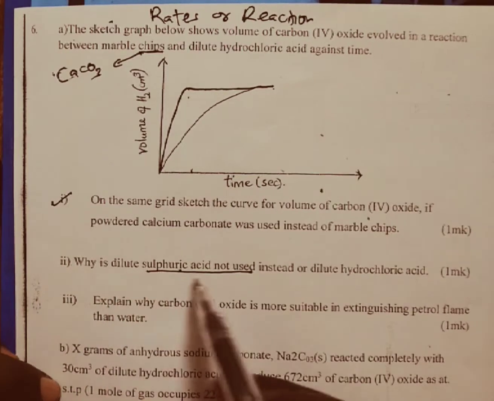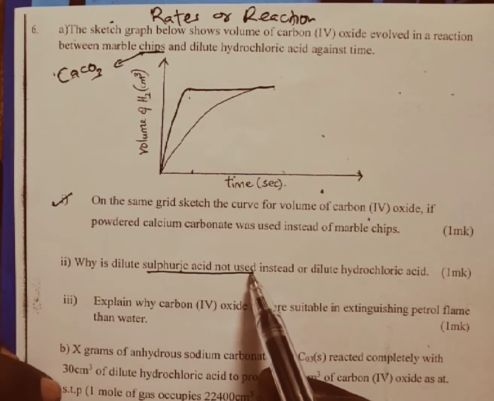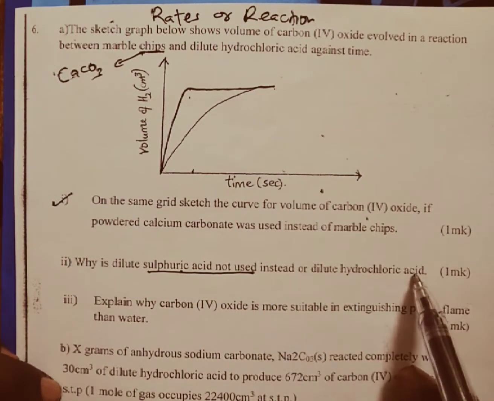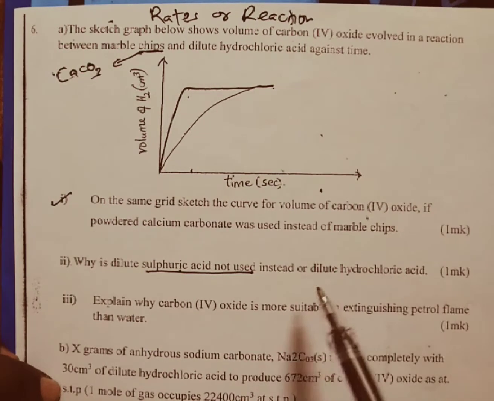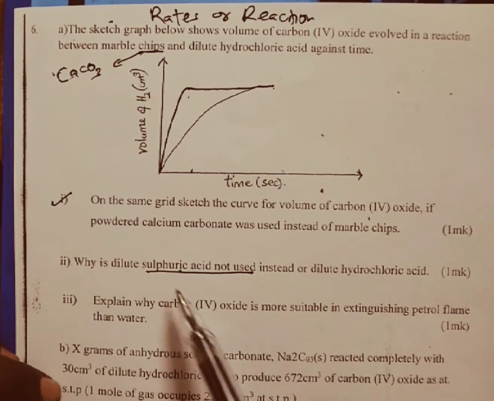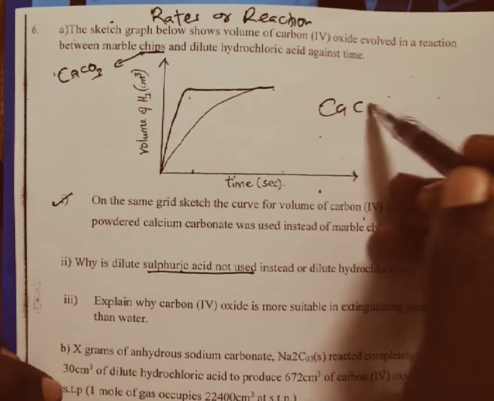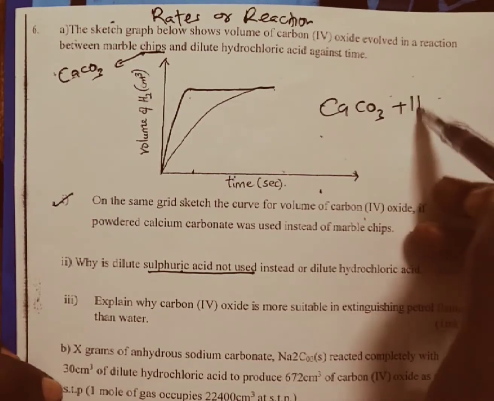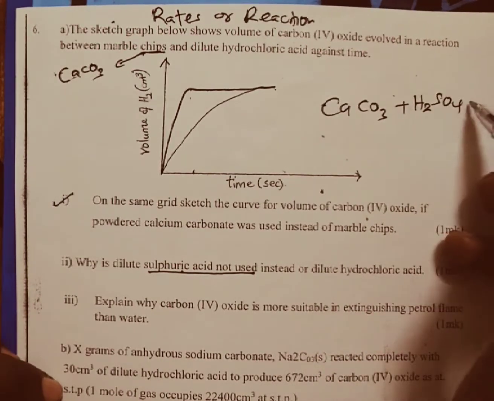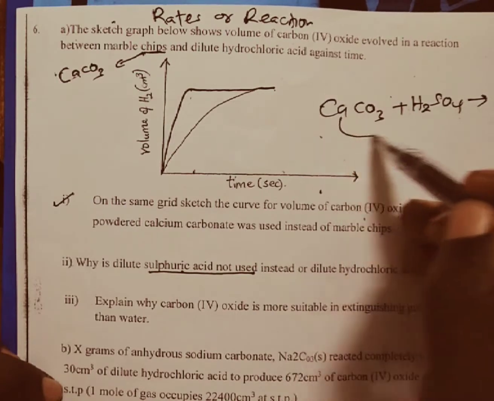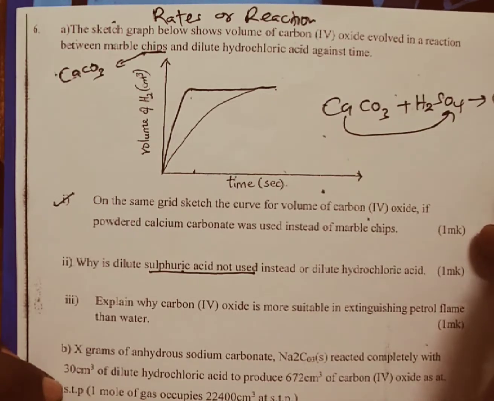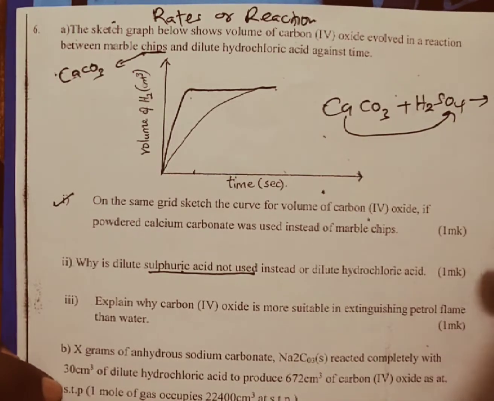Why is dilute sulfuric acid not used in place of dilute hydrochloric acid? This is because calcium carbonate will react with dilute sulfuric acid to form calcium sulfate, which is insoluble.